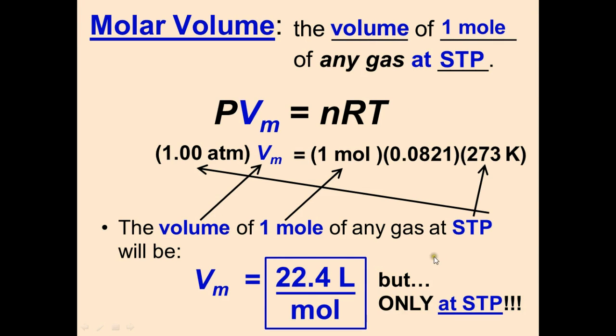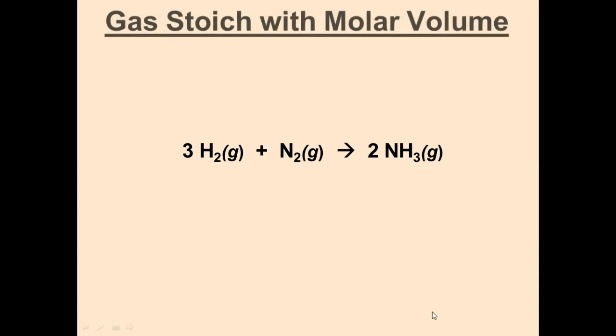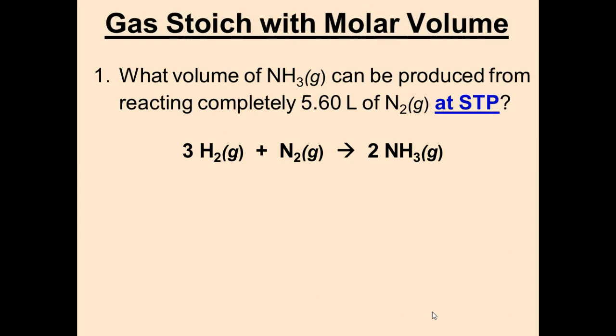But remember, this is only at STP. So if the problem says STP, we can use this. If it doesn't, we have to go use this formula again, and we'll have some problems to practice that. So here we have gas stoichiometry with molar volume: what volume of NH3 gas can be produced from reacting completely 5.6 liters of N2 at STP?